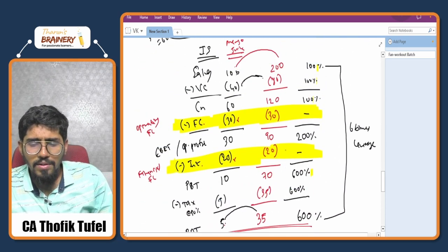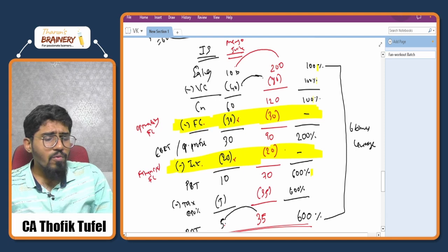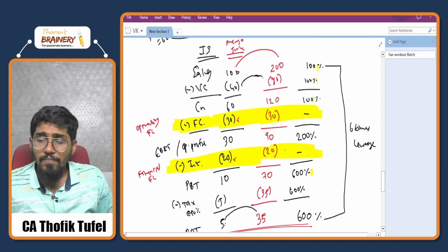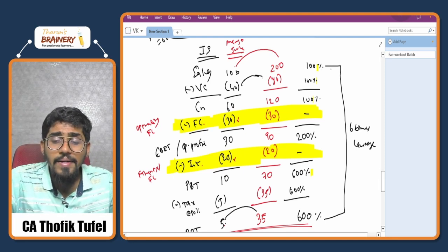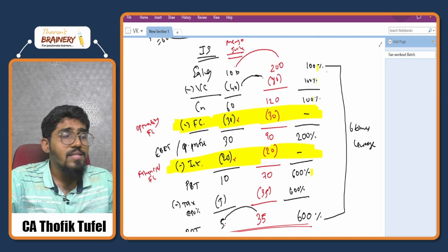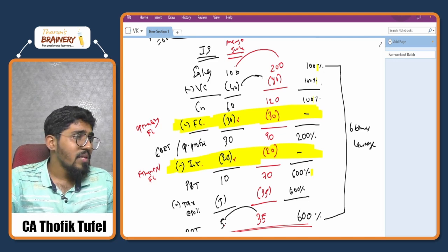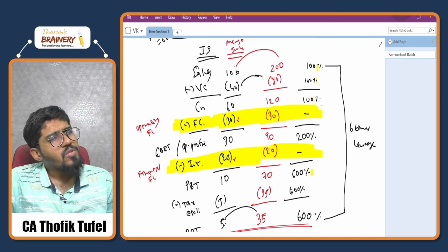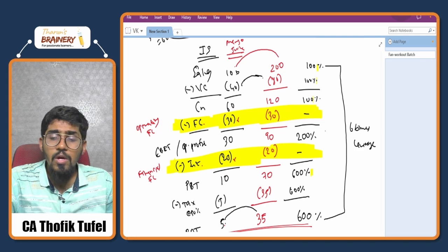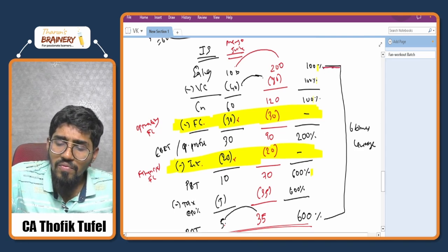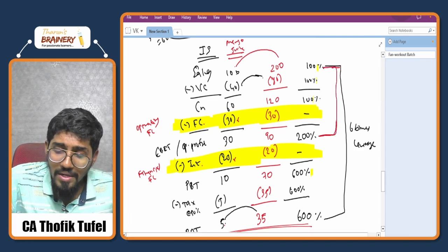Now see, if there is a 100% increase in sales, variable cost is also increased by 100%, no issues. Contribution is also increased by 100%, no issues. Operating profit is increasing by 200%, correct?